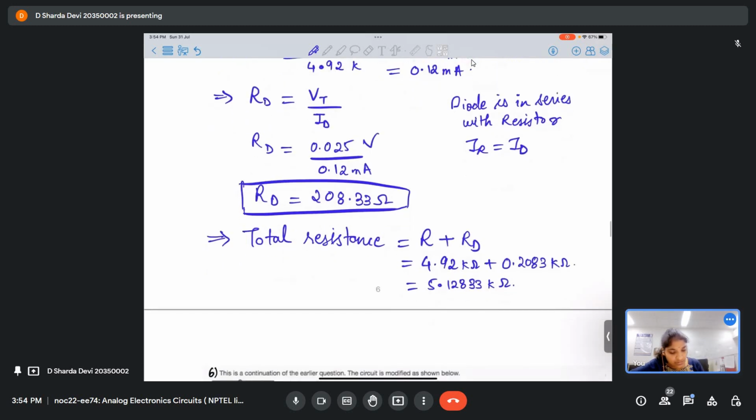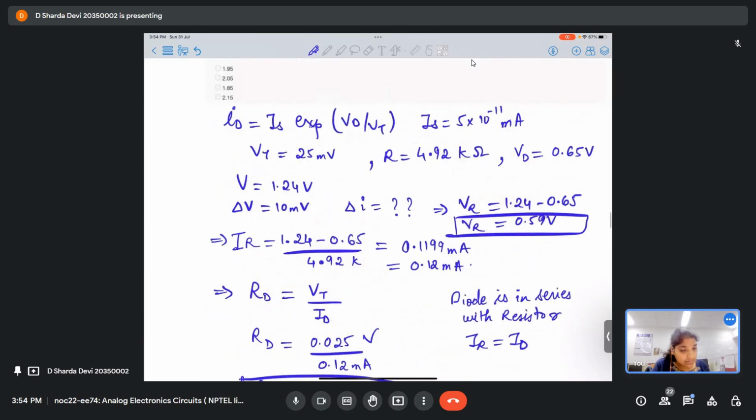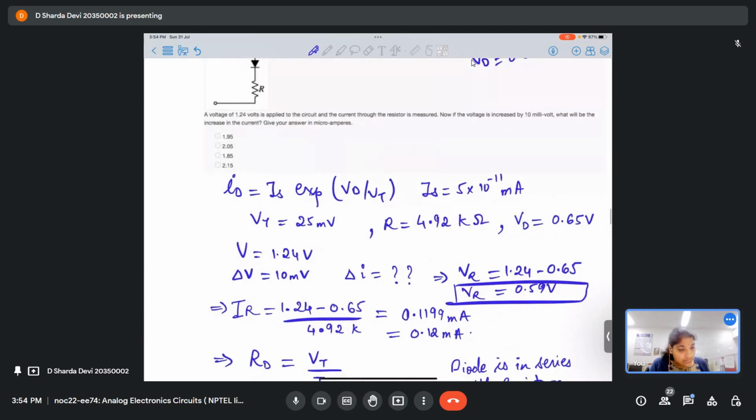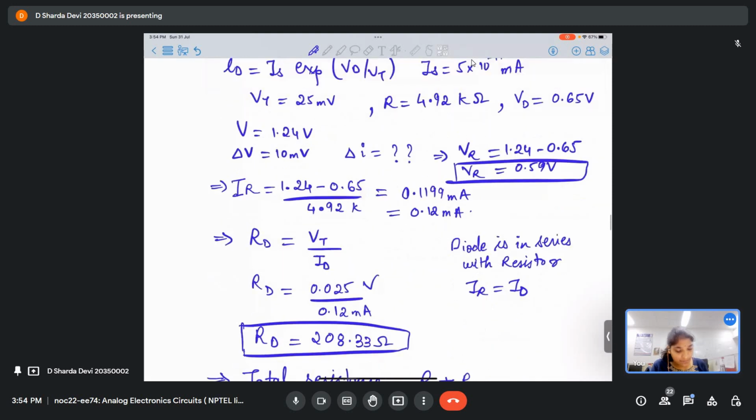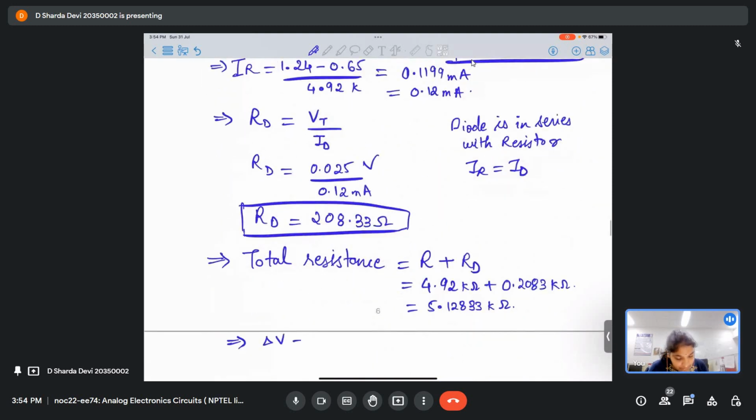Okay, so if this is the total resistance, then the voltage increase is 10 millivolts, right? Delta V is 10 millivolts.